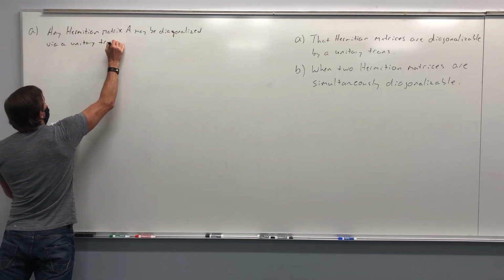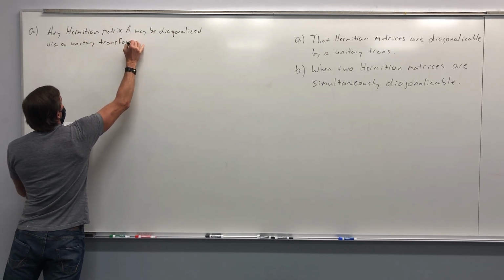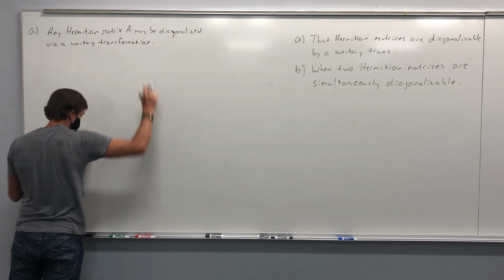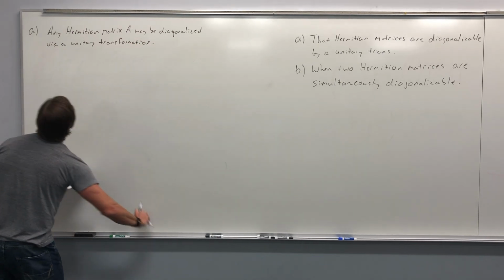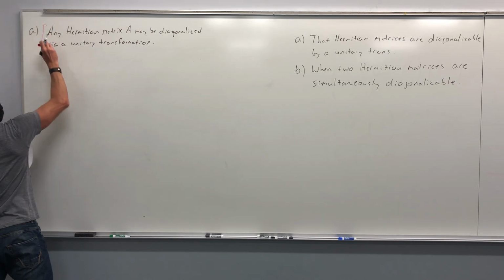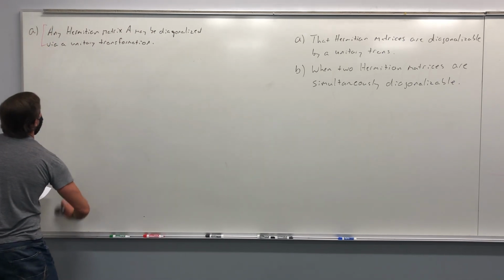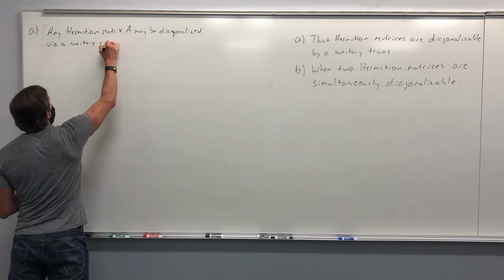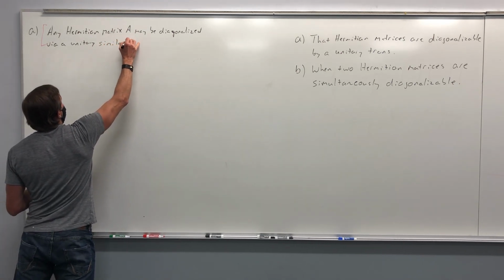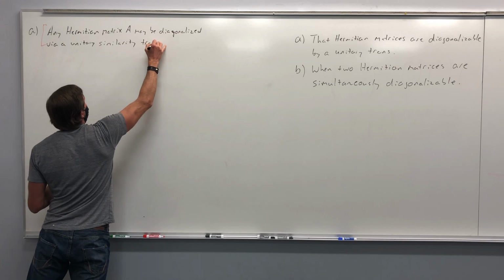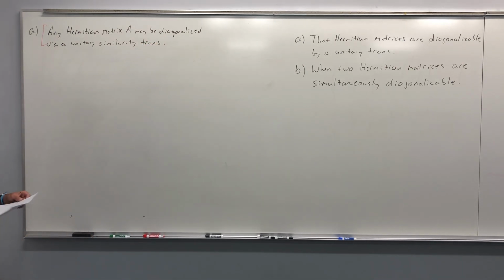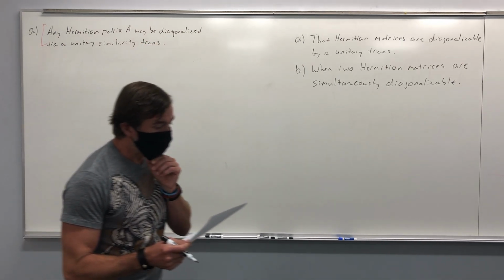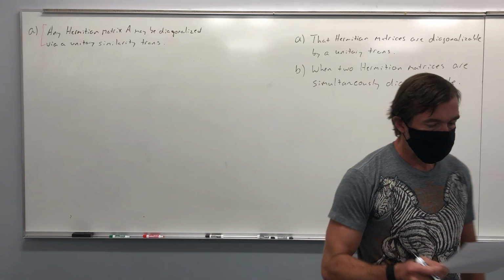So this is what we're going to prove to address A. And I guess I should just remind you all, we're transforming matrices, so this is actually a similarity transformation.